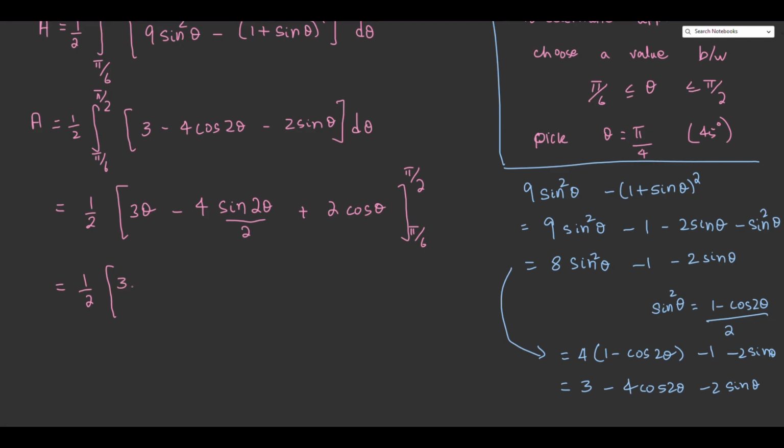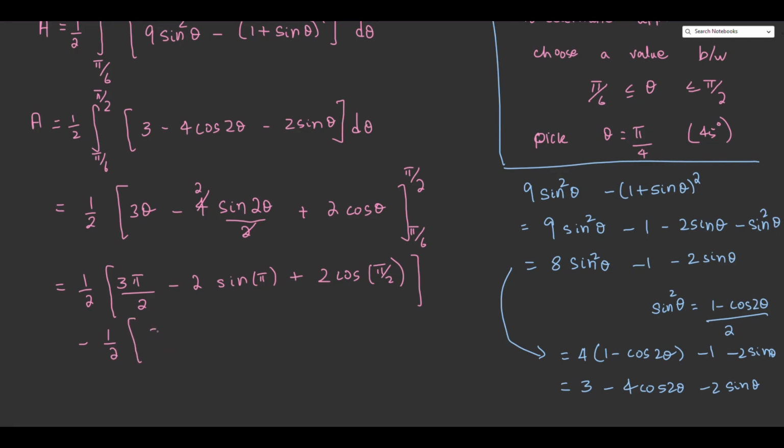First we substitute the upper limit, so this becomes 3 pi by 2 minus, here this 2 cancels with this one, so you can write this as minus 2 sine of, when we substitute here pi by 2, 2 will cancel and we get sine of pi plus 2 cosine of pi by 2. Okay, minus 1 by 2, and now we are substituting the lower limit.